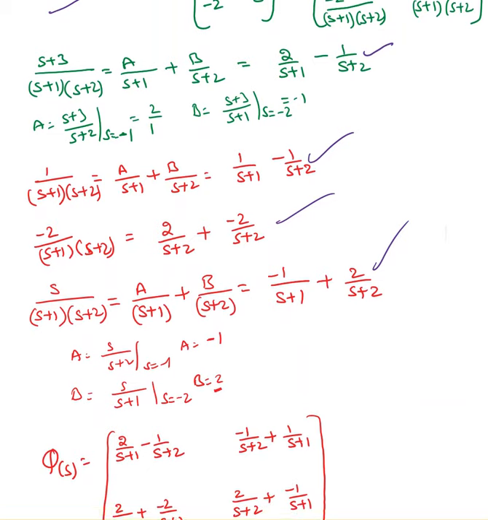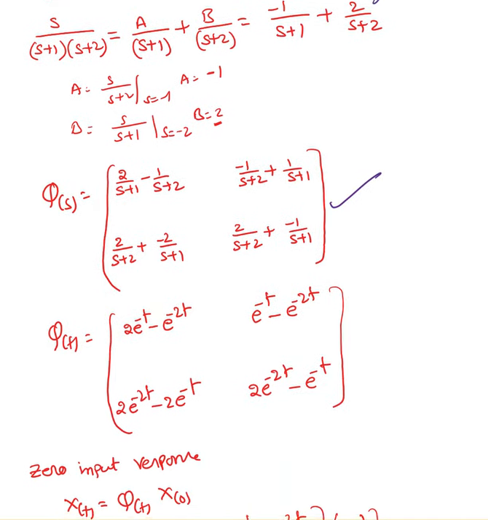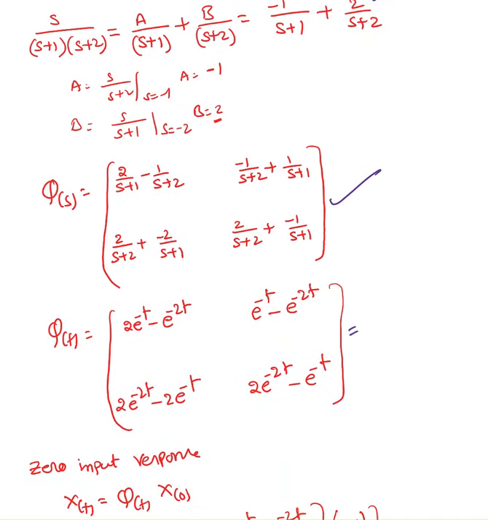Once I did the partial fraction, I end up with phi of s equal to 2 over (s plus 1) minus 1 over (s plus 2), minus 1 over (s plus 2) plus 1 over (s plus 1), 2 over (s plus 2) minus 2 over (s plus 1), 2 over (s plus 2) minus 1 over (s plus 1). So that's phi of s. Now I found phi of t by using the inverse Laplace transformation. So this is the state transition matrix.